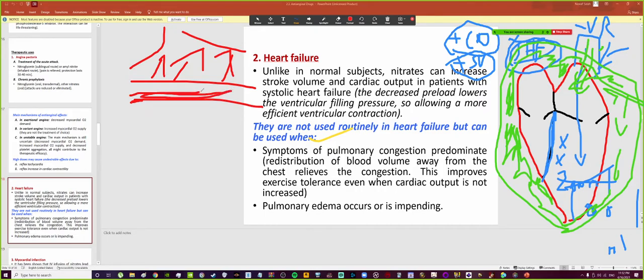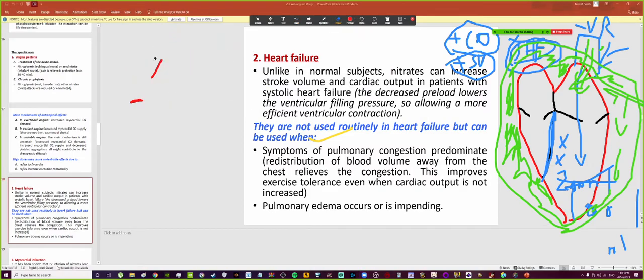I know it's in red color, but just imagine it's the veins. They can vasodilate the veins and force the blood that's being congested in the lungs to go forward, moving it away, or redistributing it away from the congestion. Okay? So we can use this for pulmonary congestion.